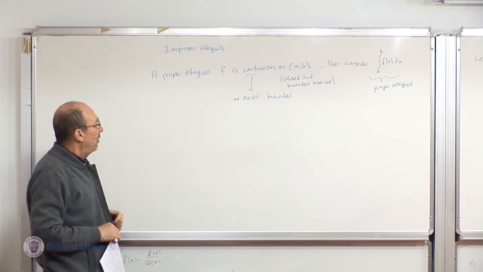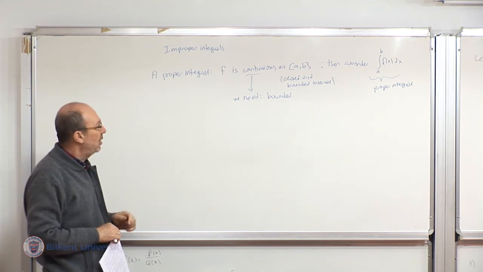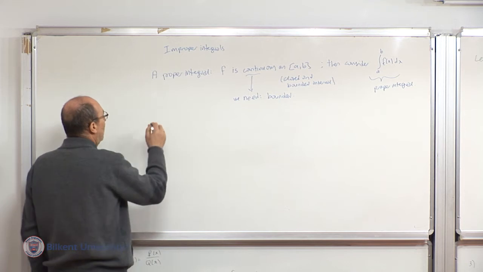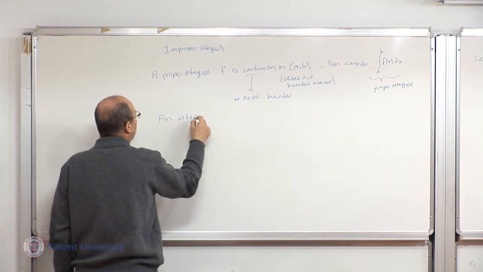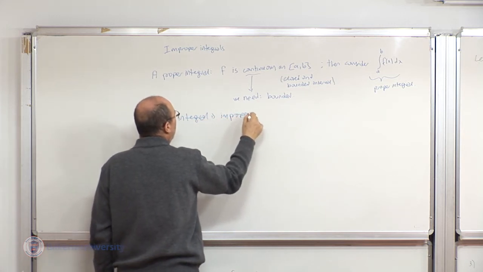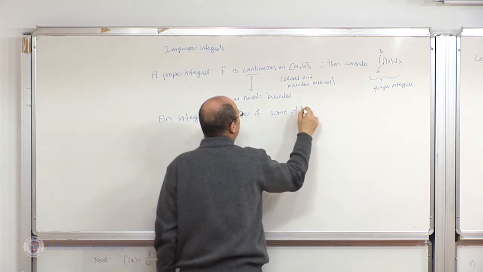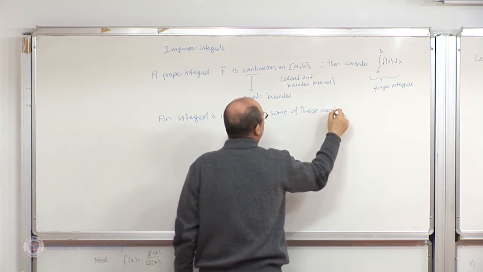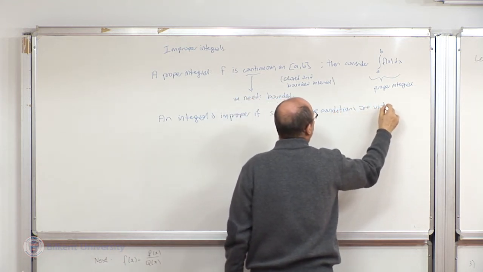Now, what if the interval is infinite or the function becomes infinite? Okay, so that makes the integral improper. Okay, an integral is improper if some of these conditions are violated.